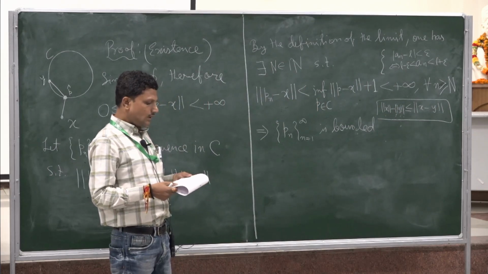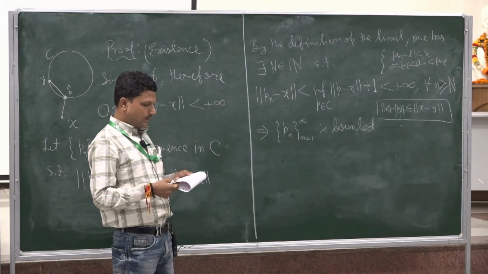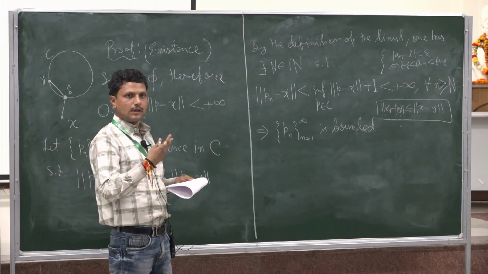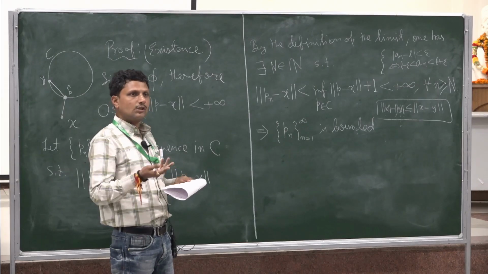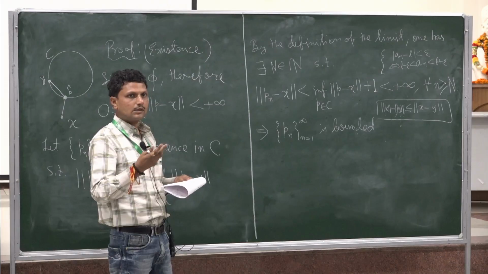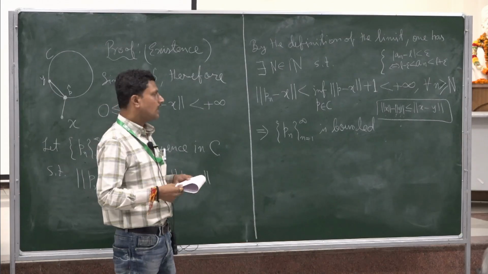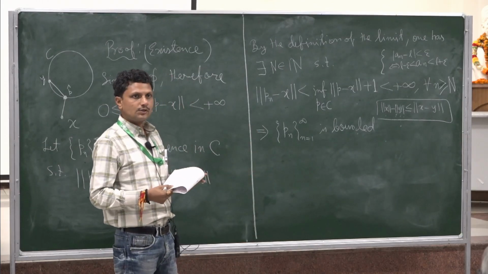Now if this Pn is bounded, we know that every bounded sequence has a convergent subsequence. By using that result, which is the Bolzano-Weierstrass theorem, we can have a subsequence of Pn which is convergent.